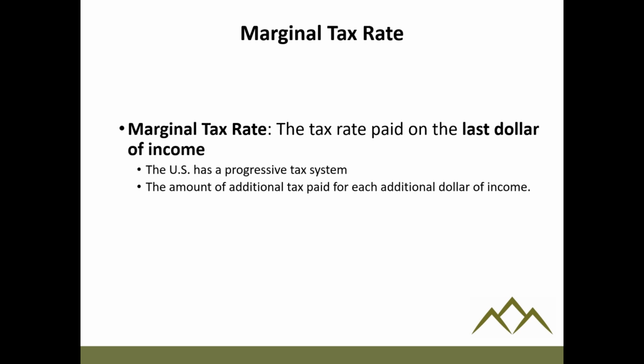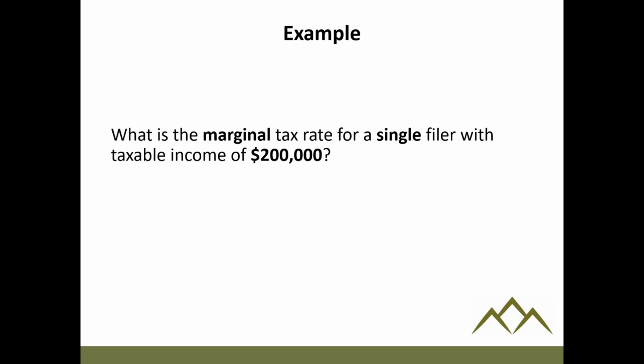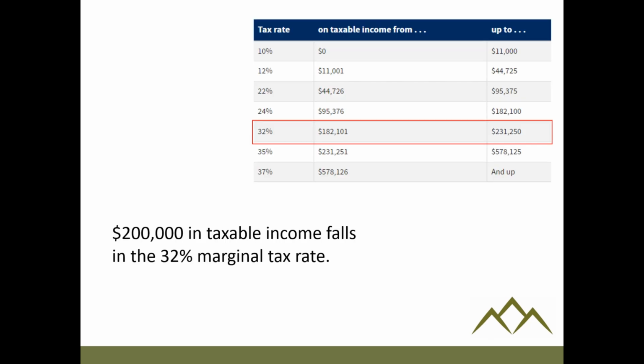If we go into the example, which I think will help illustrate it better than I've explained it: look at the marginal tax rate for a single filer with taxable income of $200,000. Using the 2023 brackets, in this instance they would find themselves in a 32% marginal rate.